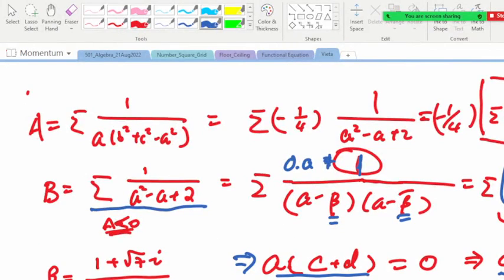Is this term equal to a minus beta times a minus beta conjugate, then C times a minus beta conjugate plus D times a minus beta?